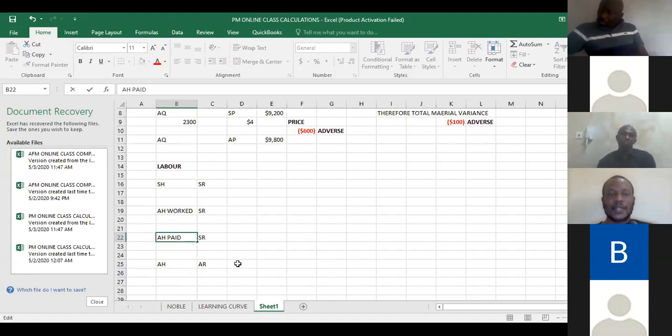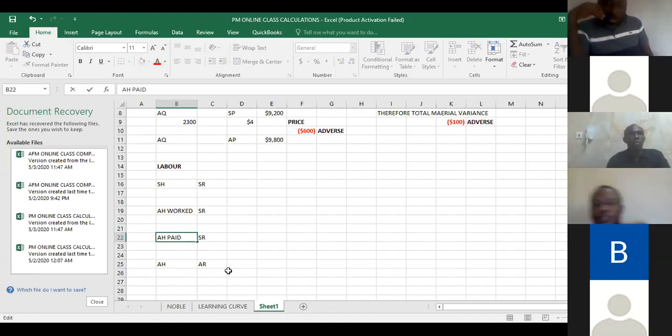So we start again. What's our actual hour, actual rate from this question? Actual information with respect to labor. It's usually given to you in total terms. So the first thing you will do is to look for the total amount paid to labor for the period.